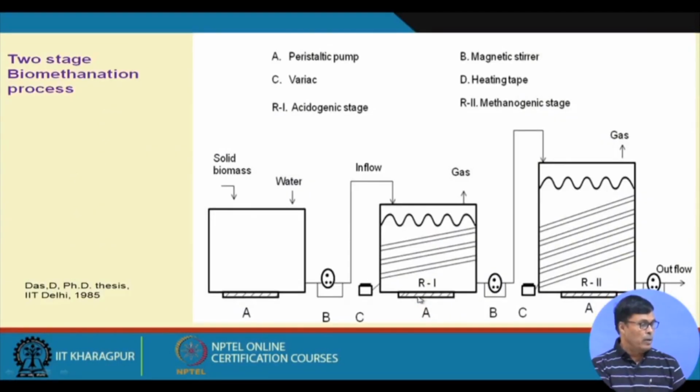I was talking about acidogens and methanogens. Since acidogens require different growth characteristics as compared to methanogens, it is advisable to operate this process in two different stages, which will be very easy to control, because acidogens require different environmental conditions.